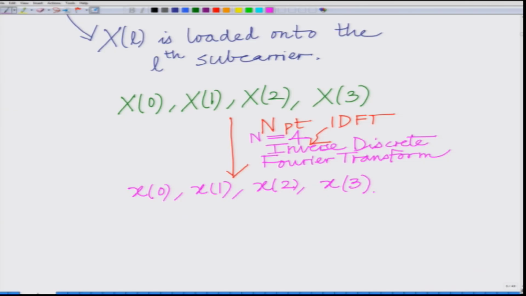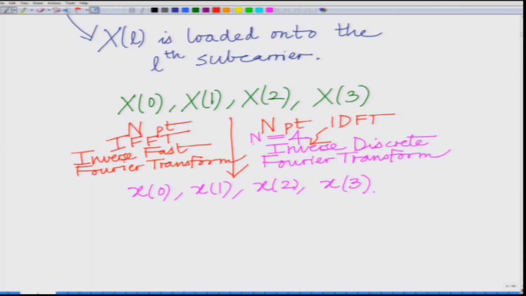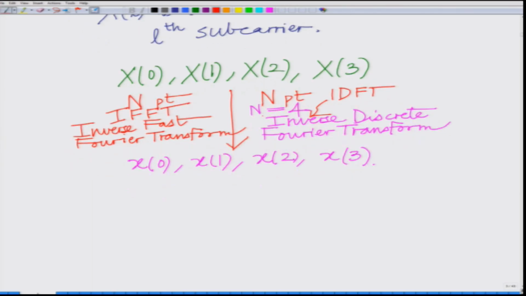This can also be performed very efficiently, in a very fast manner, using the inverse fast Fourier transform. Typically the N-point IDFT is the same as the N-point IFFT, which is simply a fast algorithm to perform the inverse discrete Fourier transform.